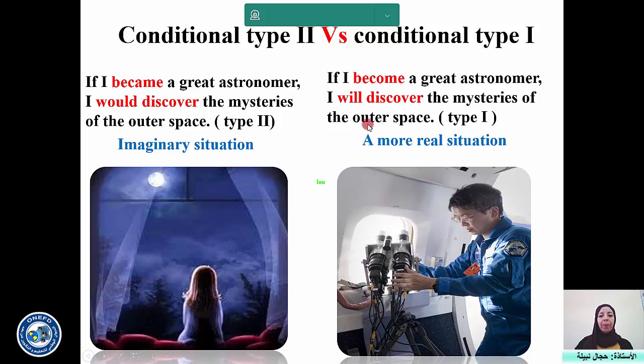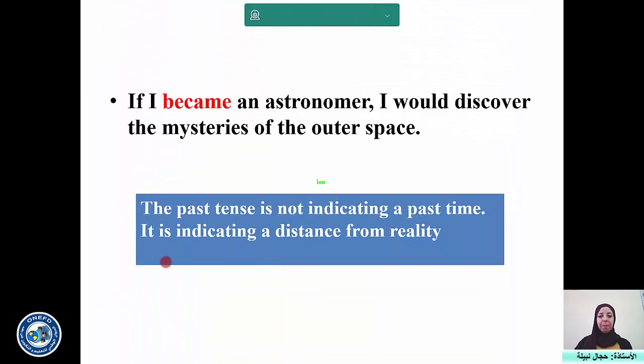Now it's true that type 1 and type 2 are different in form, they are different in tenses, but in reality the two situations express the same thing. They are both dreaming. They are both talking about something that can happen in the future, that might happen in the future. So the form is different, but the meaning is not very different.